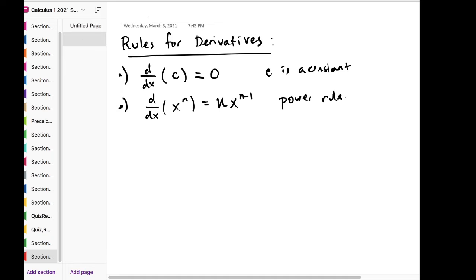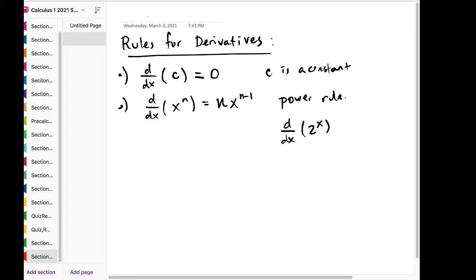Question. Can you use the power rule on this? Is the power rule applicable there? For 2 to the x, is that power rule?